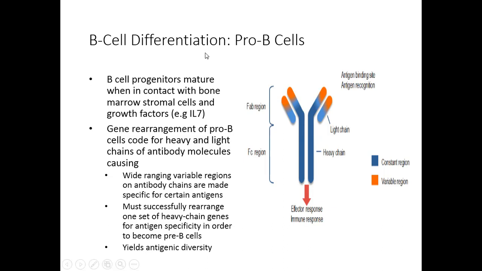So as I said, the purpose of the differentiation of pro-B cells is this genetic rearrangement of the coding for the chains that make up the antibody production.